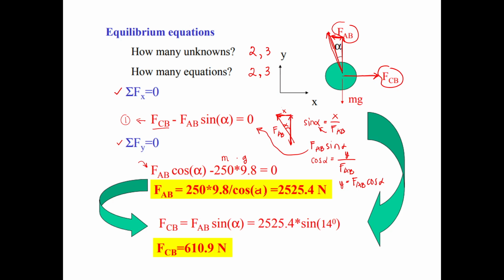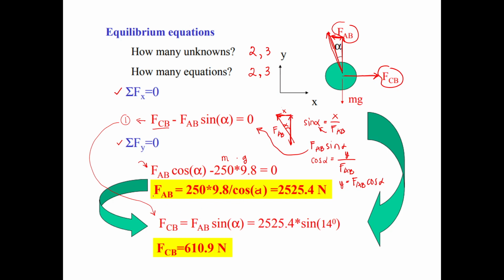Once you're able to calculate your FAB, FAB is equal to 2525.4 newtons. You can now solve using equation number 1. By plugging into equation number 1, you can solve your other unknown force, F sub CB.